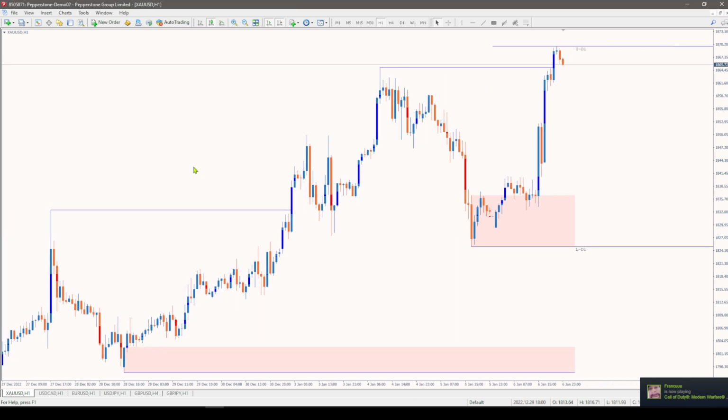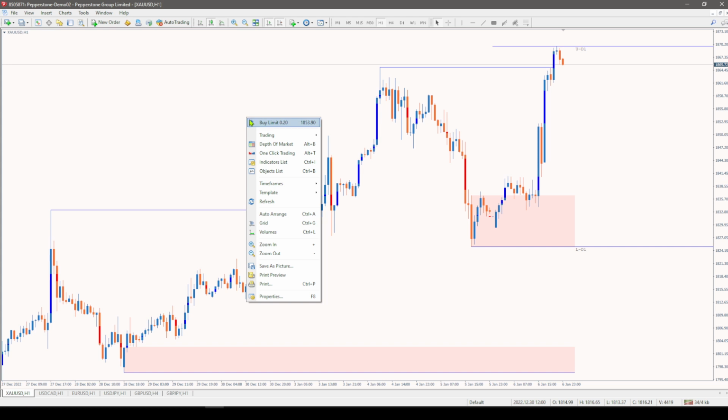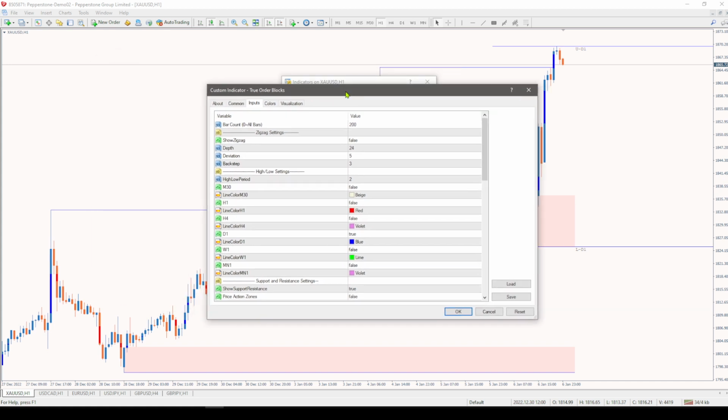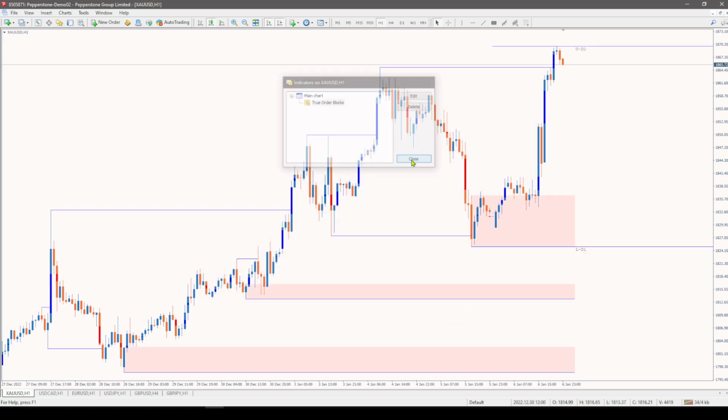Now go to the indicator list again, True Order Blocks. If you want to see more zones and more break of structure, you can simply set it to 1 and 2, and you can clearly see more break of structure, and it creates one more zone.